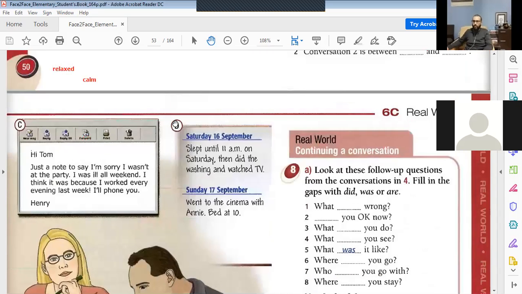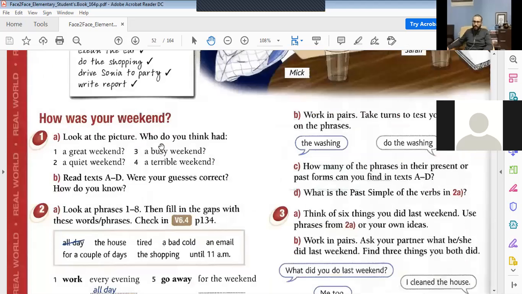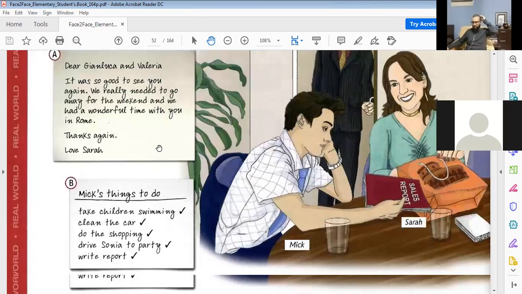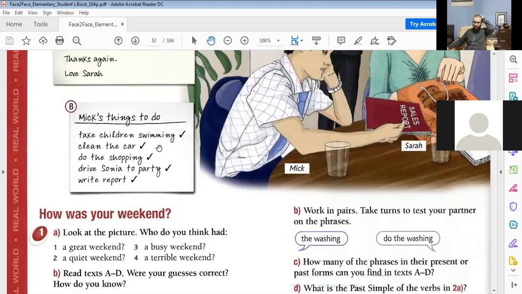Okay, now I want you to read the first two letters or texts, and I want you to match them to the people.